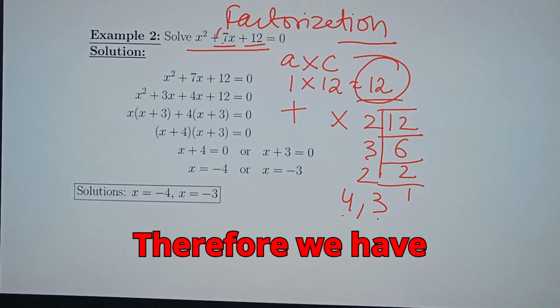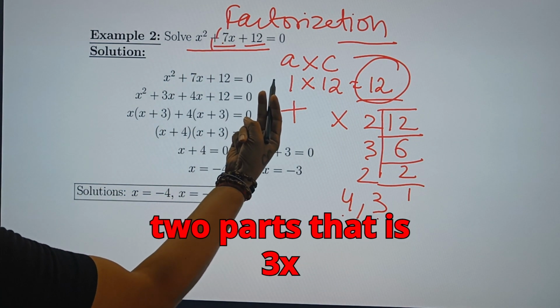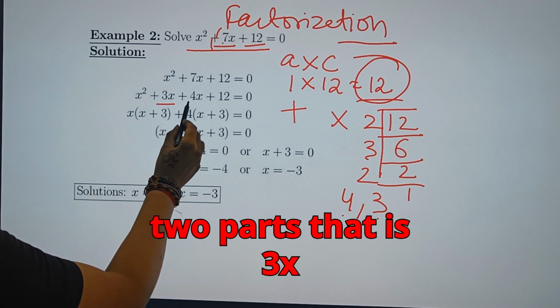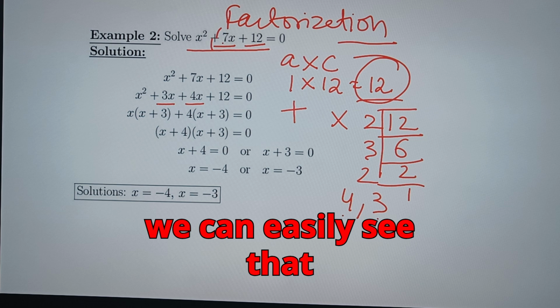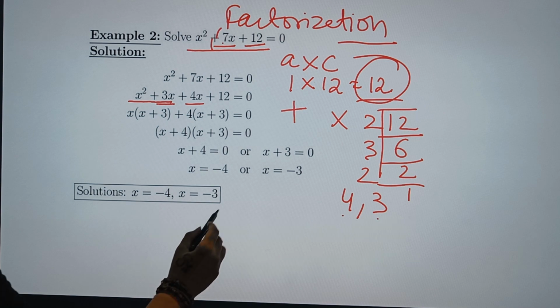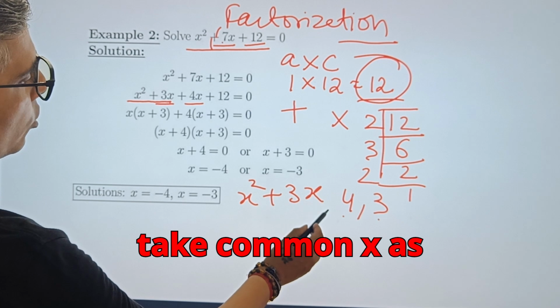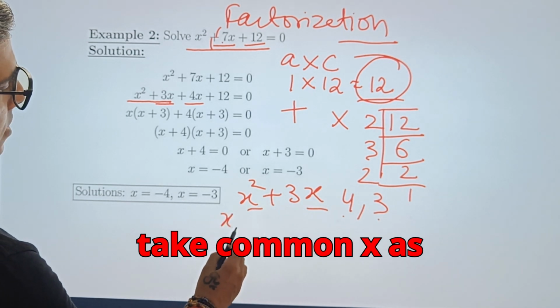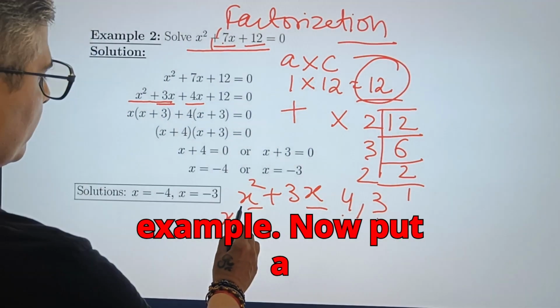Therefore we have split this 7 into two parts, that is 3x and 4x. Now we can easily see that in these particular terms, x square plus 3x, you can easily take x common as we have done in our previous example.